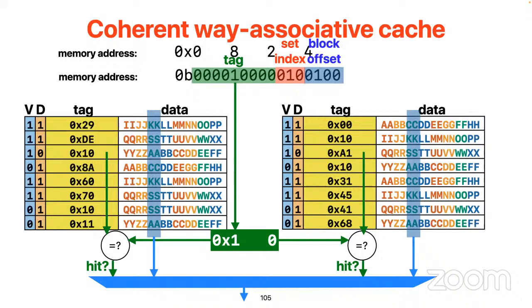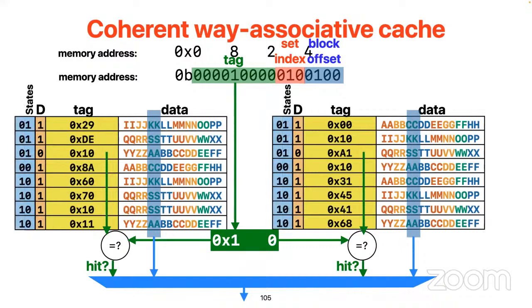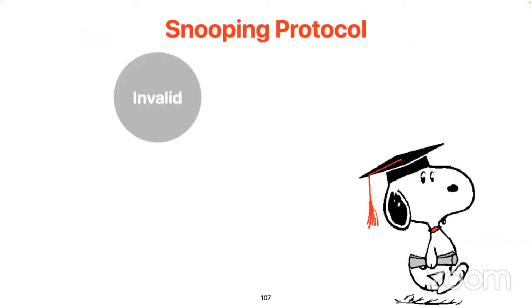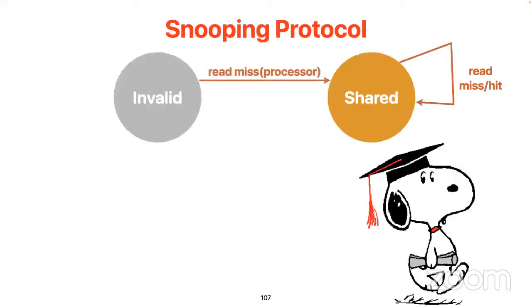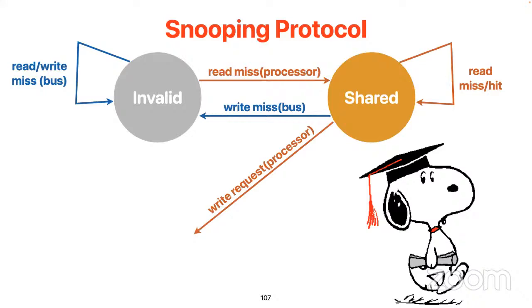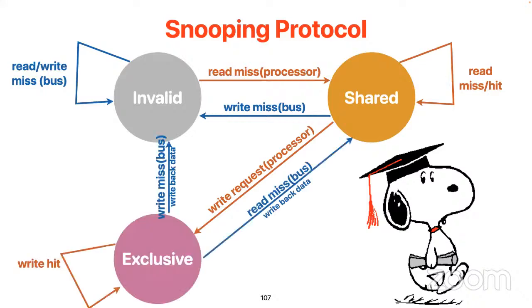To maintain consistency and coherency, you have to expand the valid bit in your cache to accommodate the new states from your coherence protocol. And you don't have to memorize this protocol. All you need to know is that your processor needs to maintain coherency.